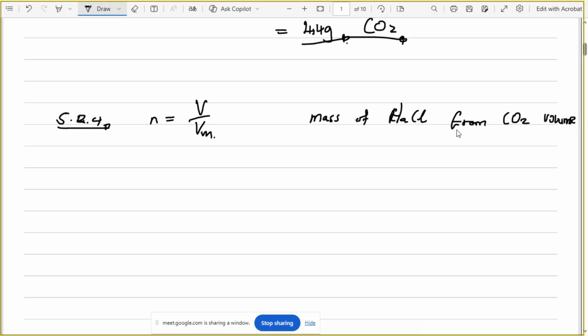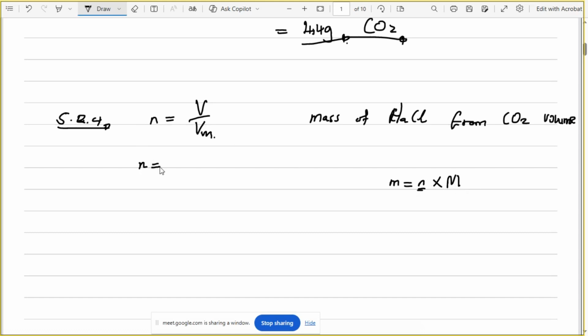So now I need to find the number of moles, because this is exactly what we were doing last time. We said the mass is the number of moles times the molar mass. But we are coming back to this question. Let me first find the number of moles using this formula.